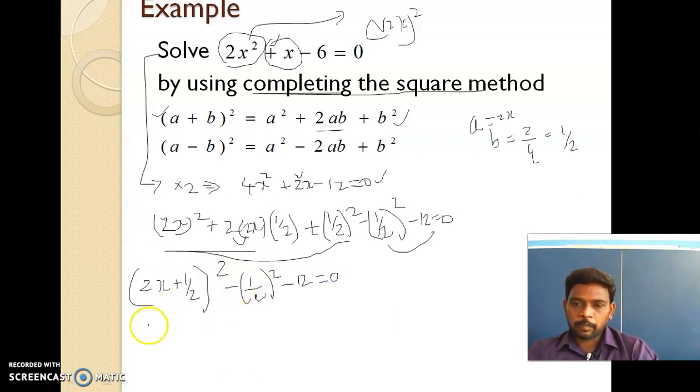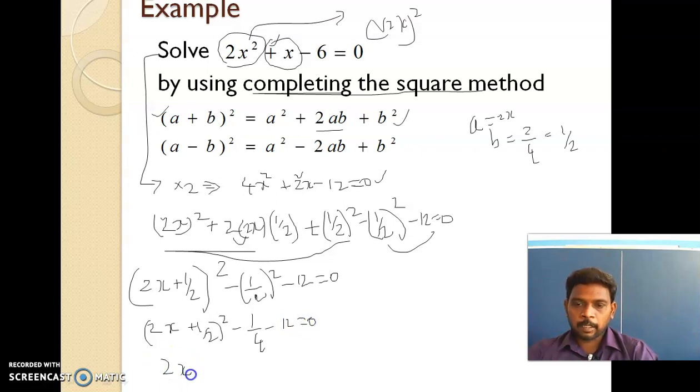So here, 2x plus 1 by 2 whole square minus 1 by 4, by applying the square inside the bracket, and minus 12 equal to 0.